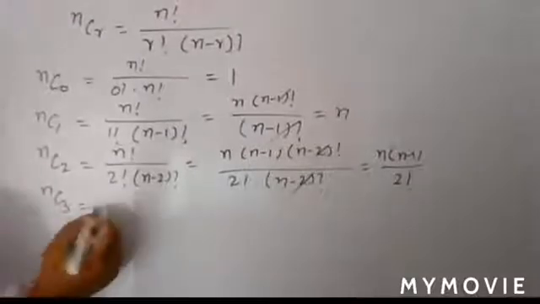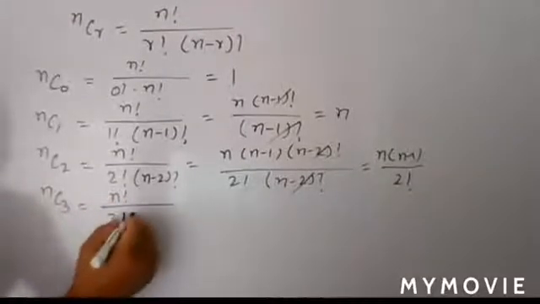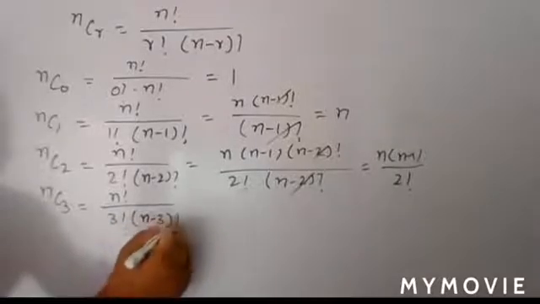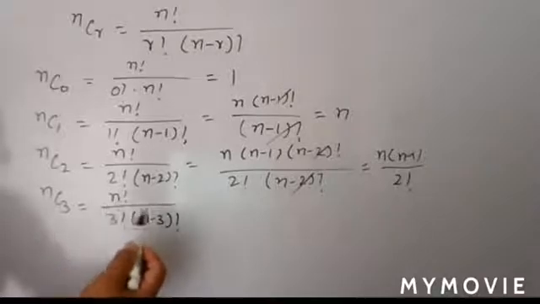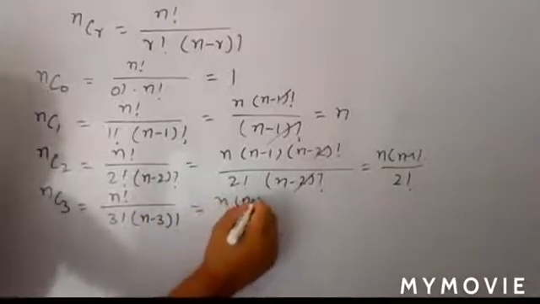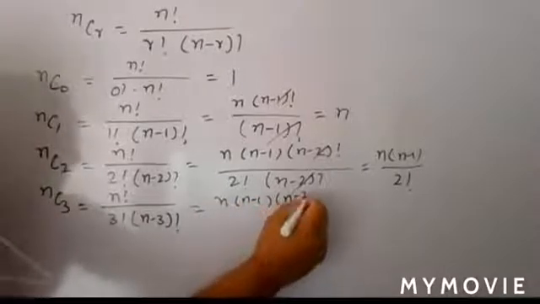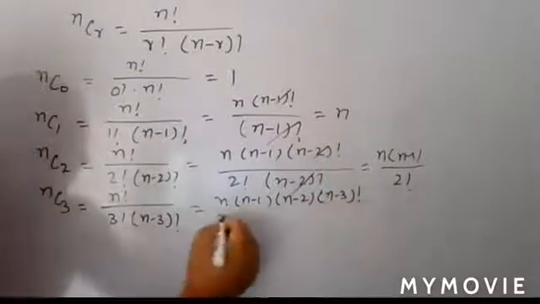Let us solve one more result, nC3. What do you write? Factorial n upon 3 factorial into n minus 3 factorial. Again expand the larger number, factorial n: n, n minus 1, n minus 2, and when you get n minus 3 you apply the factorial.